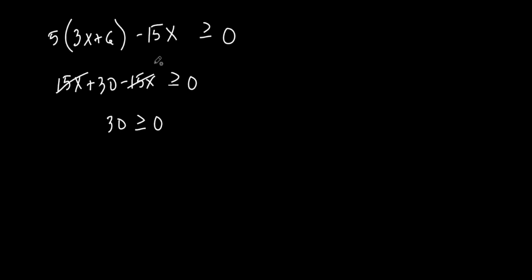So what's the difference? The difference is every single number that I pick for x will work with this inequality. I can pick any number in the world, put it in for this x, and this left side will be greater than or equal to 0. So my answer is this. It's all the real numbers. That means every single number works.